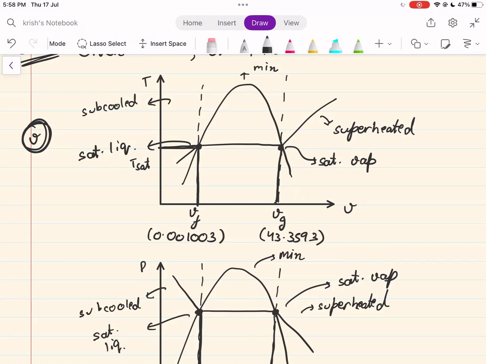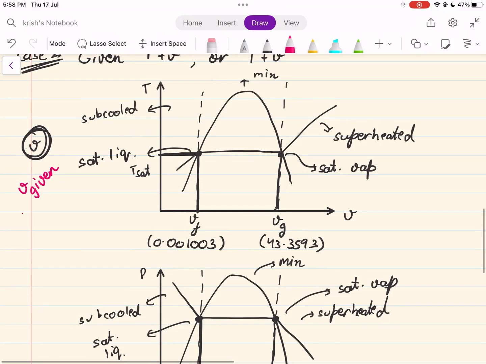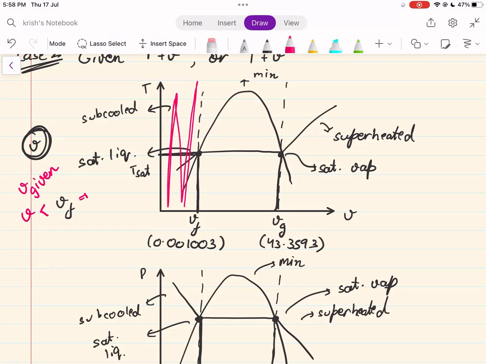Now, we will be able to identify where our given volume is lying. Let us denote it by v given. For example, if v given is less than vf, that means it is lying somewhere over here in this region, and we know that it is a subcooled region, so that means our substance is subcooled.